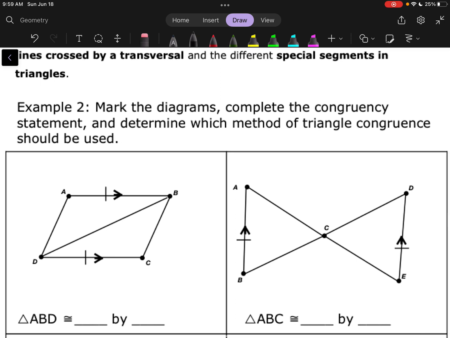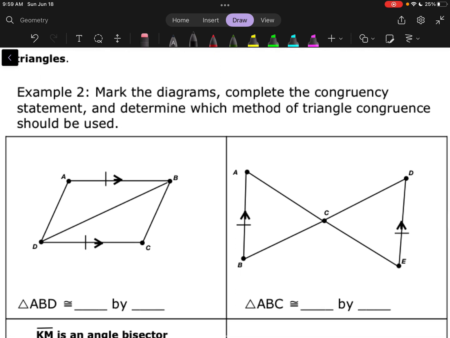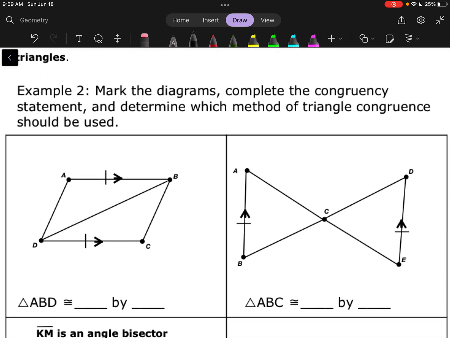Just different things that we know are going to be congruent. So once again, to reiterate, our goal is to find three congruent things and use those congruencies to determine if it's going to be side angle side, or HL, or angle side angle. We need to find three congruent things and then we can determine it.